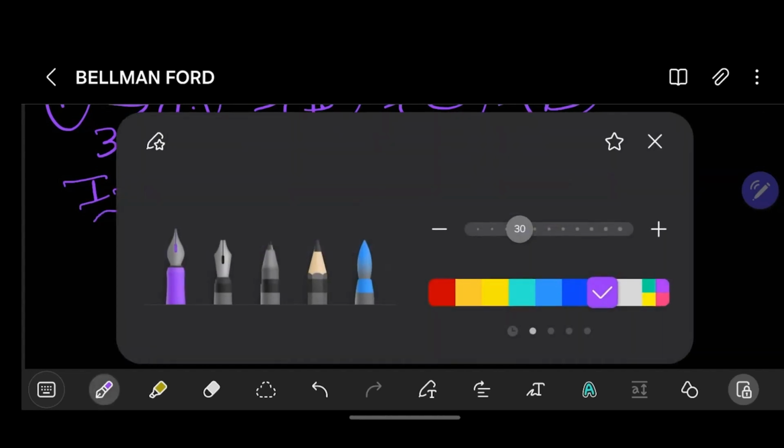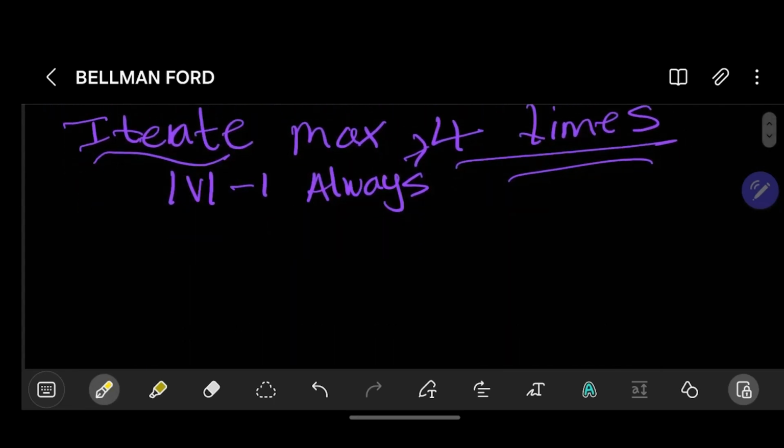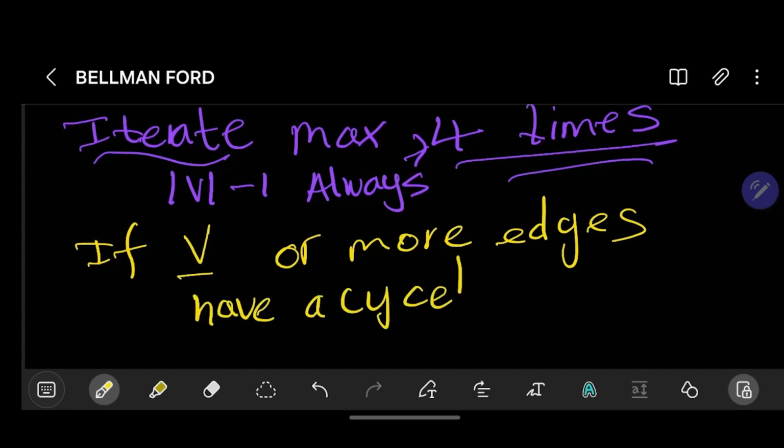The other thing that you need to note is, when you are looking at this in terms of the vertices, if you do come across v or more edges, then it means that you have a cycle or a repeated edge.